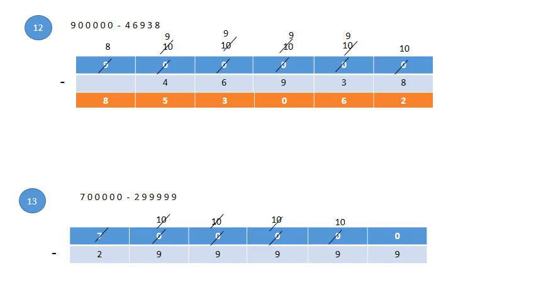This 10 will become 9, this 10 will become 9, again this 10 will become 1 less, which is 9, and this 7 will become 1 less, which is 6.